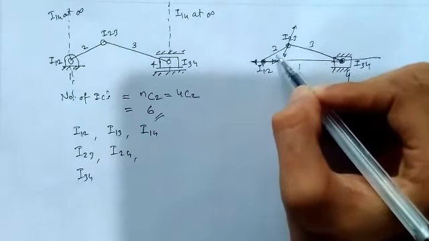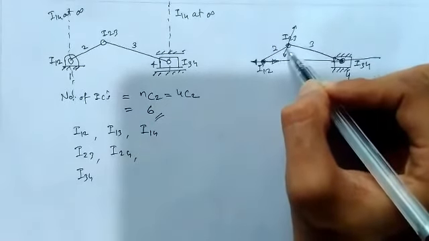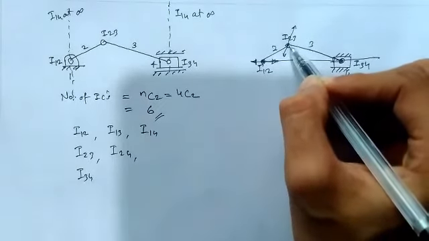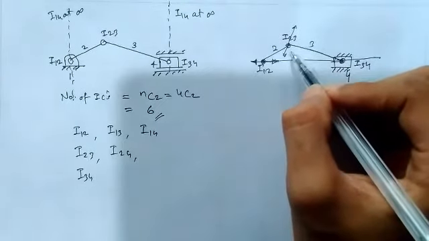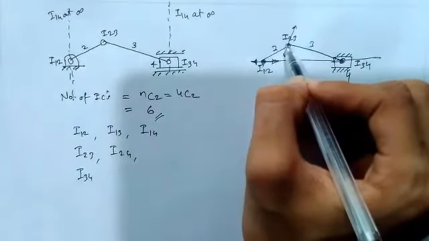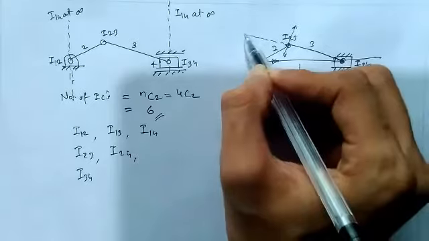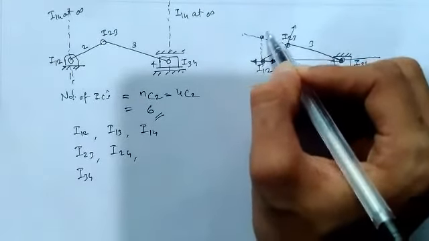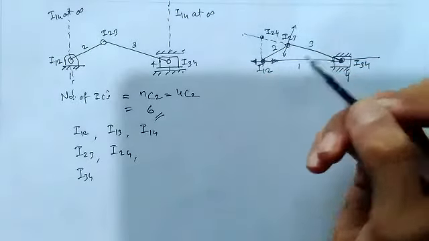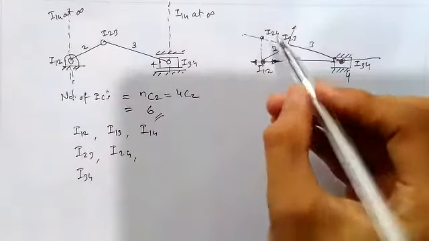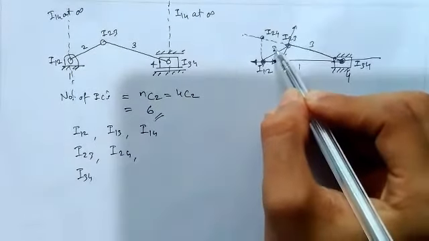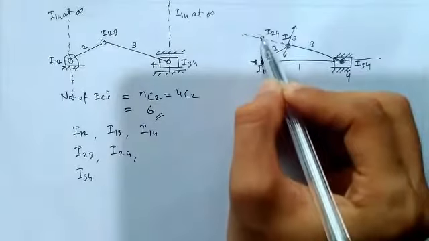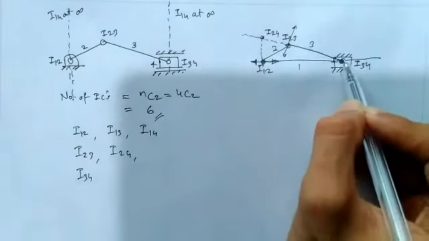So if we want to locate I24 in this case, both the points lie on link 2, this and this. What we do is we draw a perpendicular to this velocity vector. Similarly, we draw a perpendicular to this velocity vector. This is I24. So if we are talking about three links, link 2, 3 and 4, then we have all three I centers in one line, I24, I23 and I34.